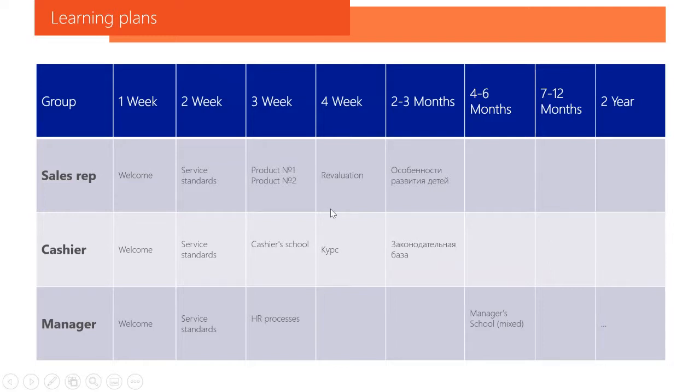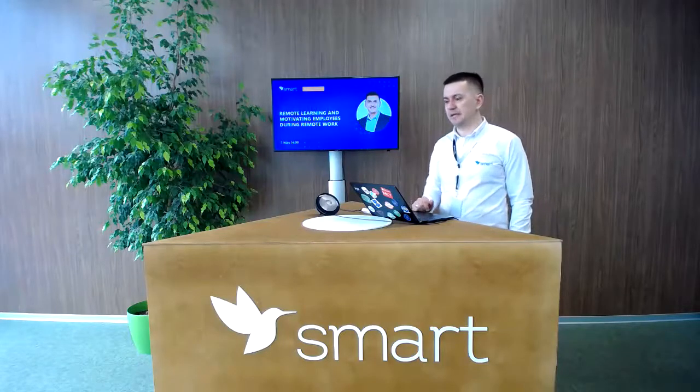So when you have learning groups and learning courses, you have to understand these learning plans. You have to understand the sequence of the courses, the time periods of assigning the courses, or even the recurrence of the courses. Every year I should refresh some knowledge in some spheres, so this will be added to these plans also.